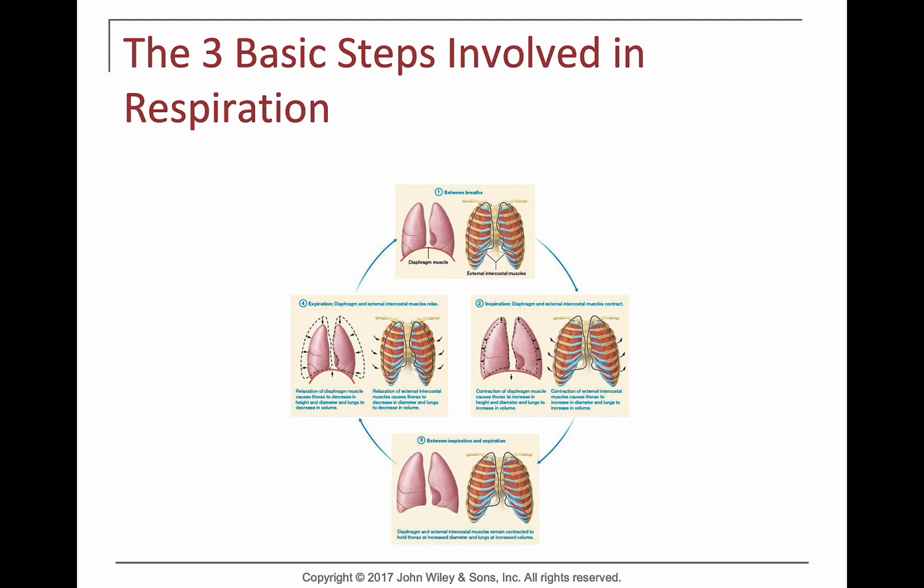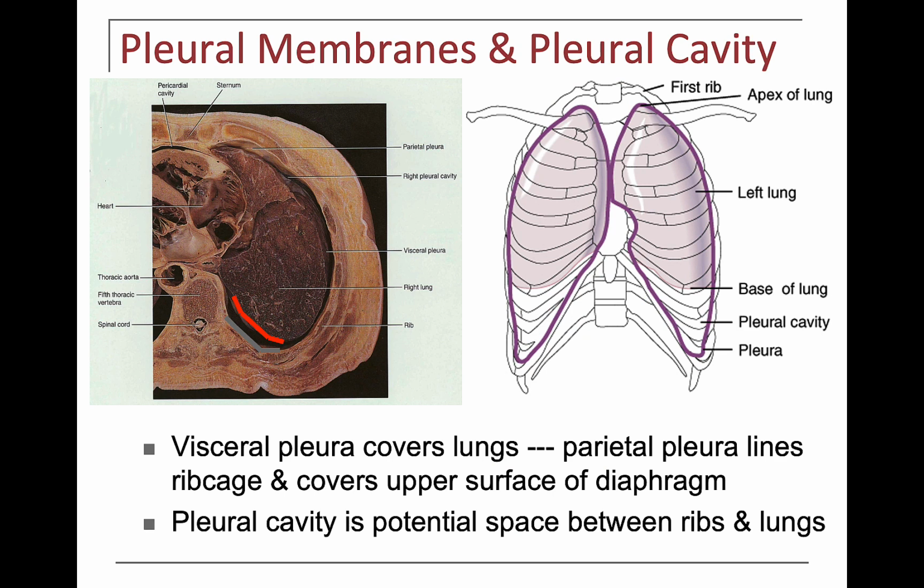You also have this intrapleural space, and you see on the figure on the left, the light blue line represents where the parietal pleura will be, the outside serous membrane, and the orange line represents the visceral pleura, which touches the lungs. And as chest volume changes, the volume inside this intrapleural space is also going to change.